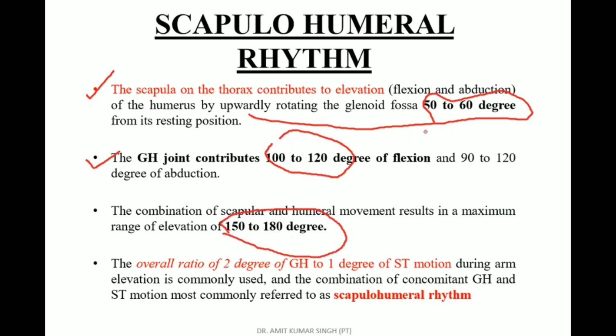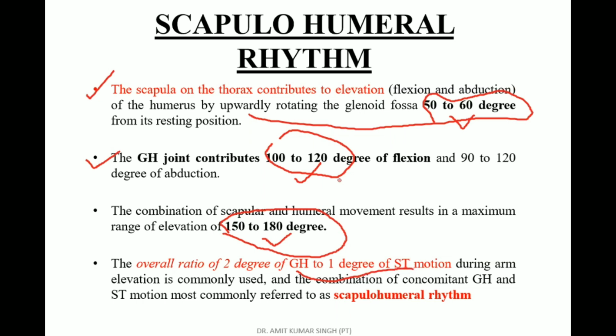So these are the contributions: 50 to 60 degrees via the scapulothoracic joint, 100 to 120 degrees via the glenohumeral joint, and the combination of these contributions makes the elevation movement reach a maximum of 150 to 180 degrees. So we can consider the overall ratio of glenohumeral to scapulothoracic joint to be 2:1.